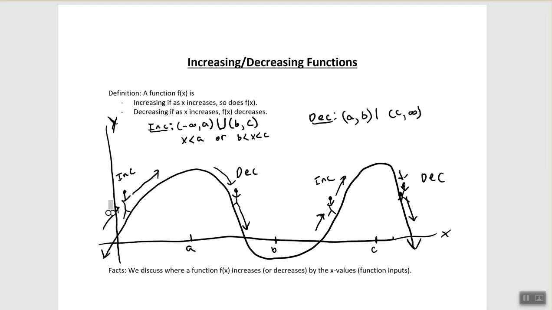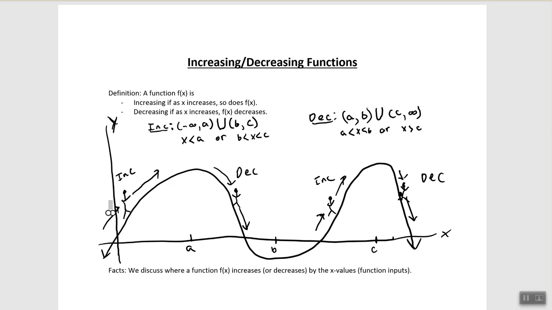And again, I'm going to put my little union symbol there. And if you don't like interval notation, you can say my function's decreasing from A to B, as well as when x is bigger than C. So these are the x values that describe where our function is increasing or decreasing.